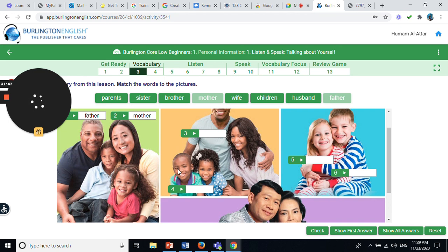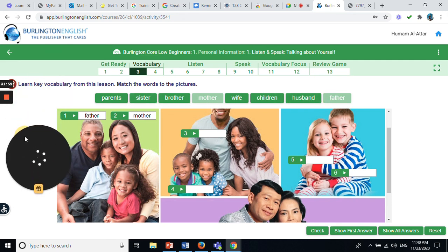Number 3 or 4? Number 4, son. Do we have son here somewhere? And a daughter. Okay, I don't see son here. So, no son and daughter. We have parents, sister, brother, wife, children, and husband.